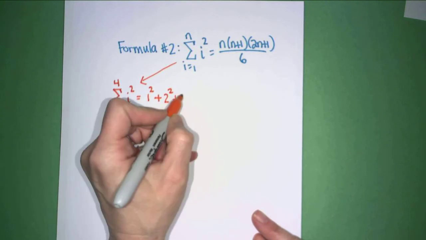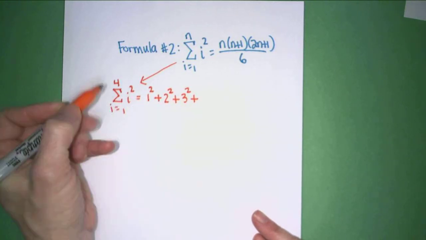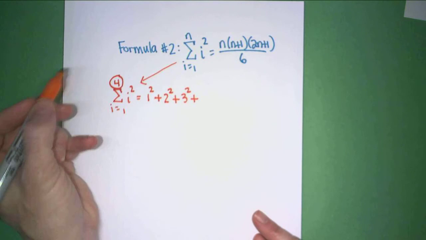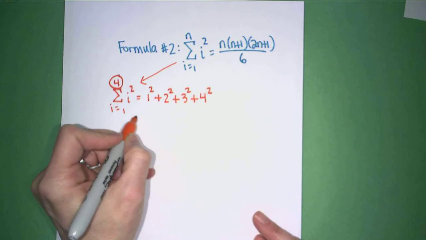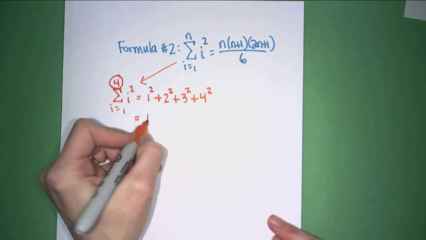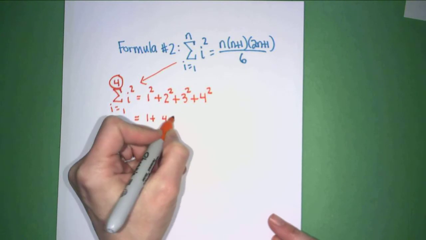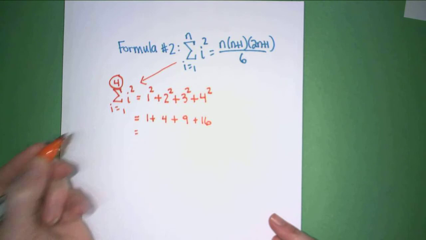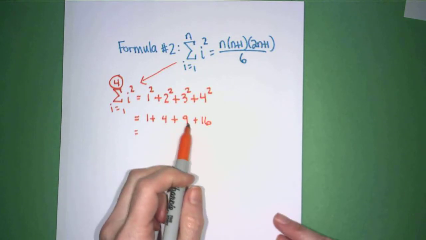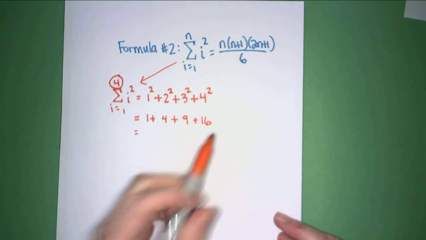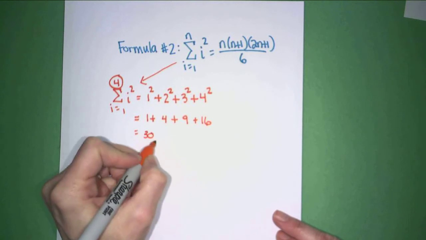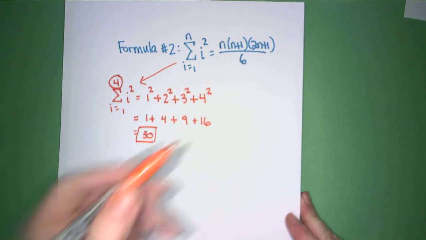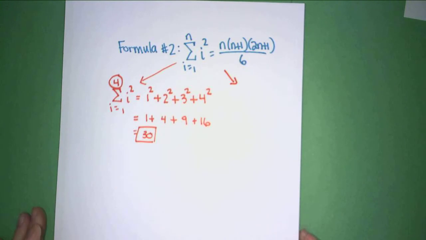Let i be 3. 3 squared, and then stop your summation when you get to the top, 4 squared. So that's 1 plus 4 plus 9 plus 16. So let's see, that's going to be 5 plus 9 is 14 plus 16 should give us a grand total of 30. Now let's see if working the right side does the same thing.